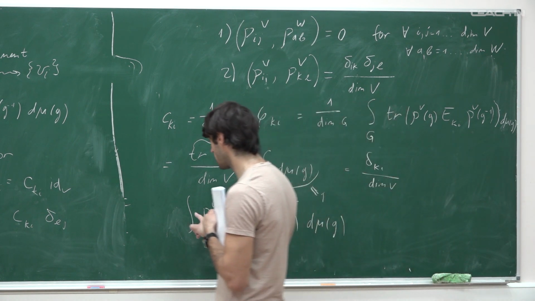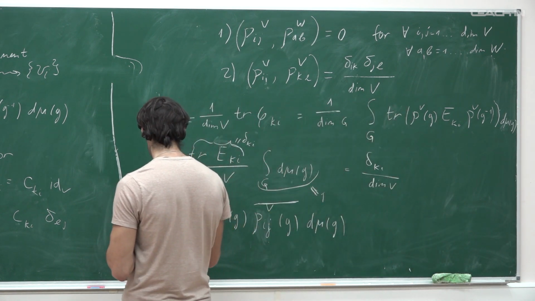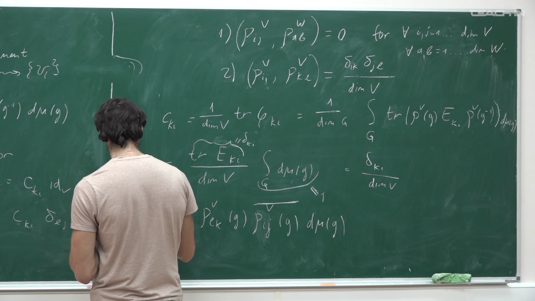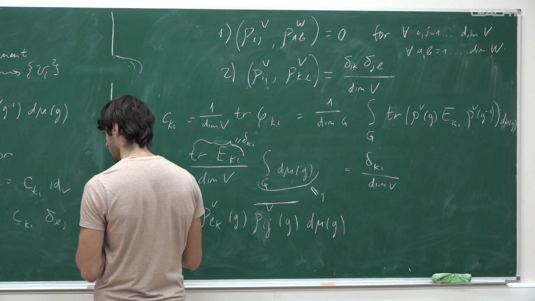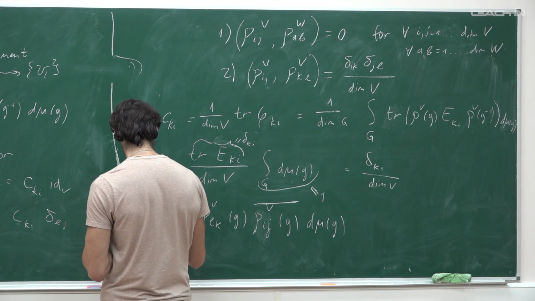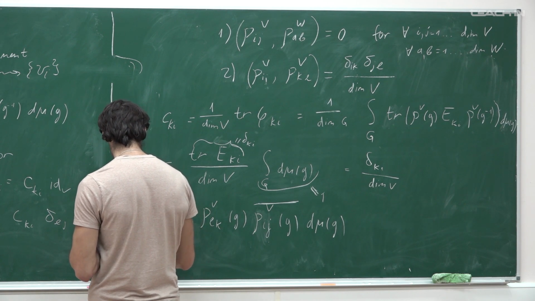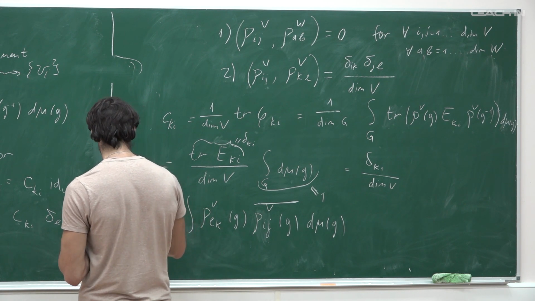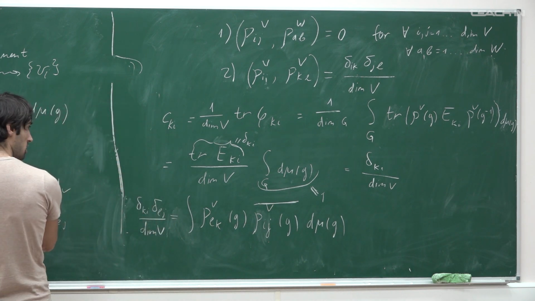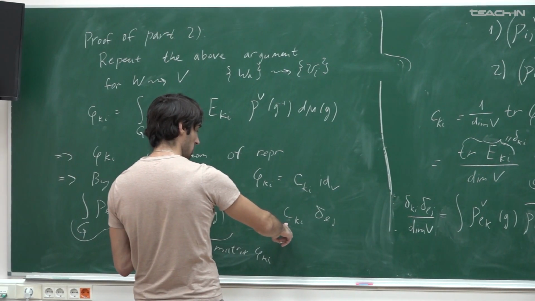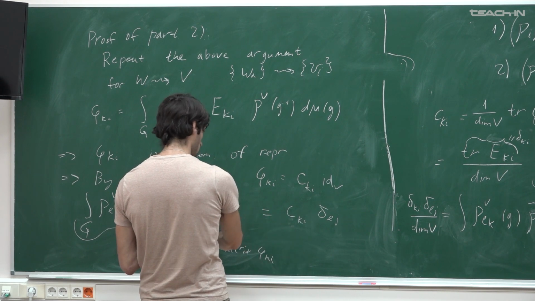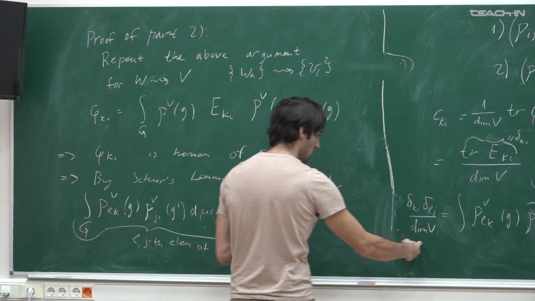So on one hand, we computed that this is delta_ki delta_Lj divided by dimension of V, right? So C_ki I can just put in here, and so this thing, which is the same as this, equals to this.